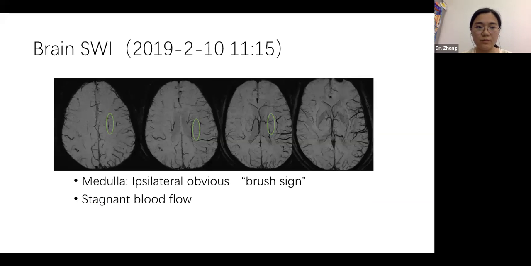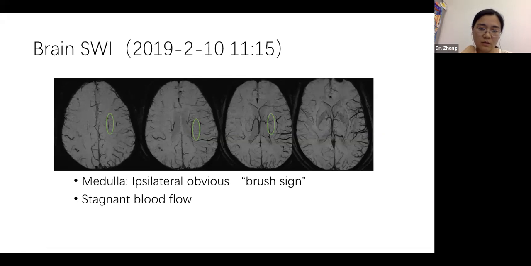So let's see the support from brain SWI, on the same day, the second day after the stroke onset. This is his SWI, and we can see the medullary part has an obvious ipsilateral brush sign. If you do stroke imaging research, you know the brush sign.